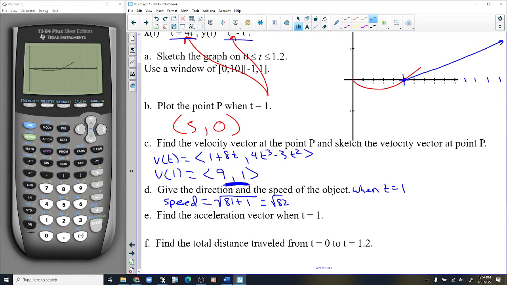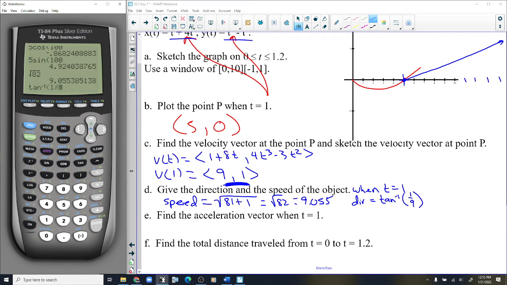Square root of 82, which has to be very close to 9 actually. Square root of 82 is 9.055, maybe feet per second, miles per hour, whatever it is. And how about the direction? The direction is inverse tangent of y over x, which is 1/9.